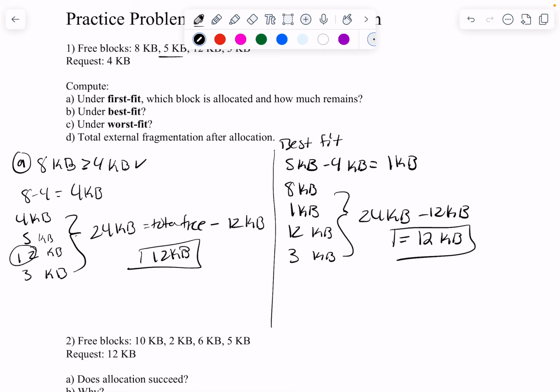So for the best fit, we allocated the 5 kilobyte block. We were left with 1 kilobyte behind, and our external fragmentation is 12 kilobytes. If you notice, it's the same fragmentation as the first fit, but the shape of the hole is different. There's the difference between 1 and 4. So the hole is smaller versus our first fit.